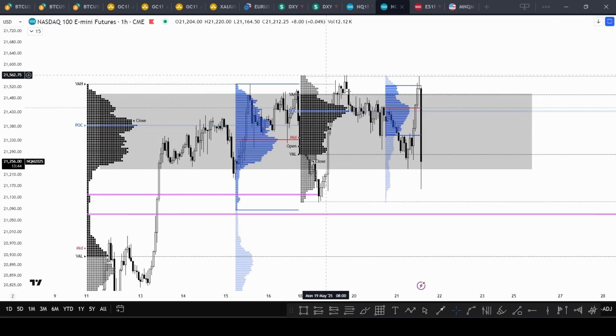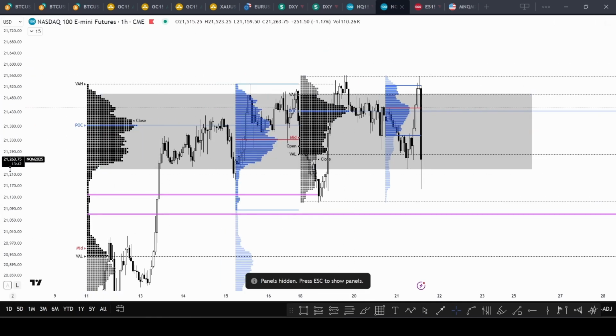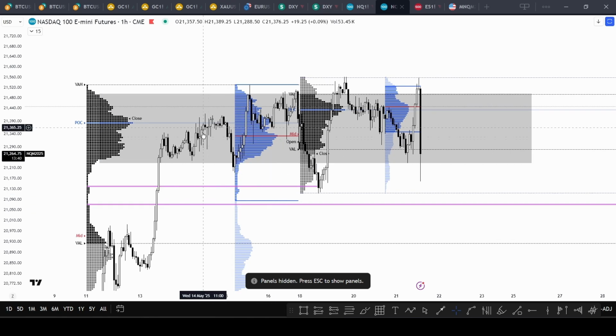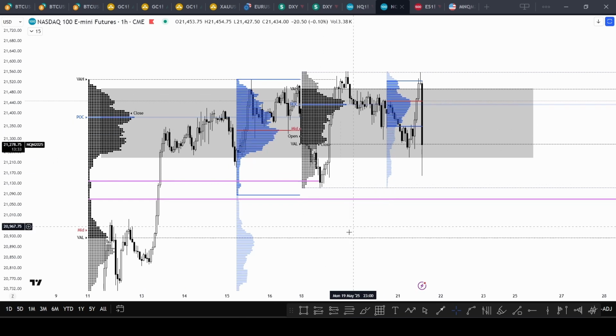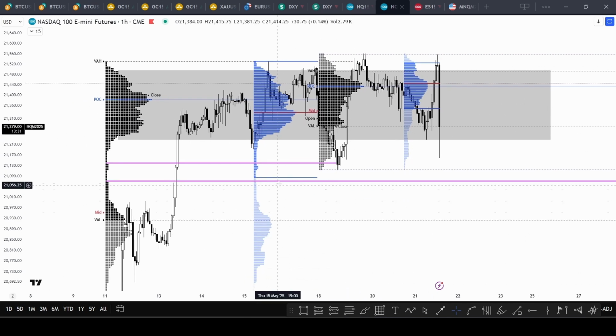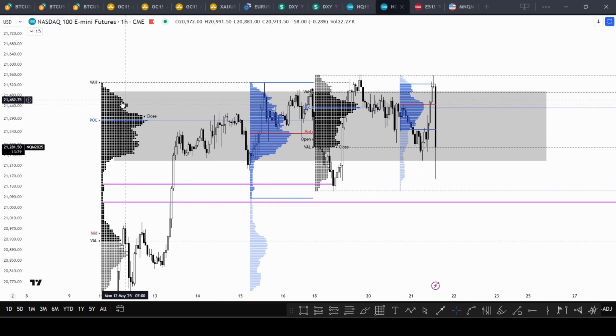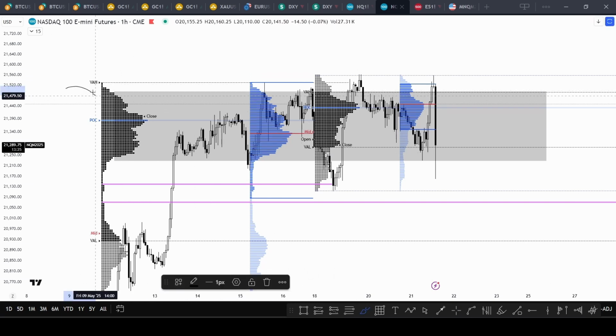So let's move to the TPO chart here. This is the 1 hour chart of NQ, and this TPO is a weekly TPO. You can see this is the previous week TPO here, and if we mark this range, this is the high volume node of this profile.